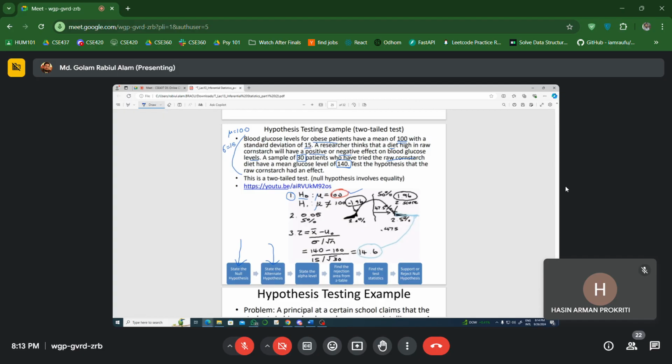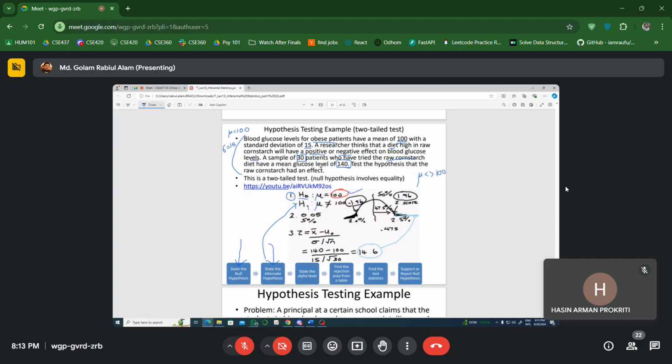In other words, the mean will not be 100, or it can be less than or greater than 100. That is, not equal. So this is our alternate hypothesis. We have defined the null hypothesis and the alternate hypothesis.